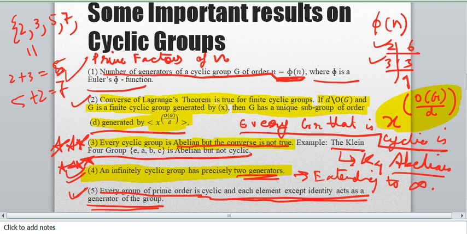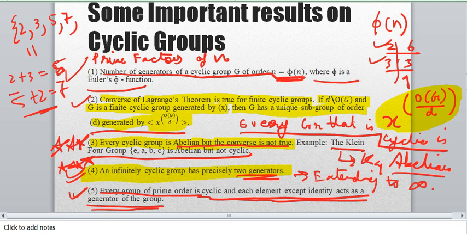Now if you do, say, 7, 8, 9, 10, 11, then here we have done 5 plus 7, and we can also do 5 plus 2, that is giving us 7 over here.